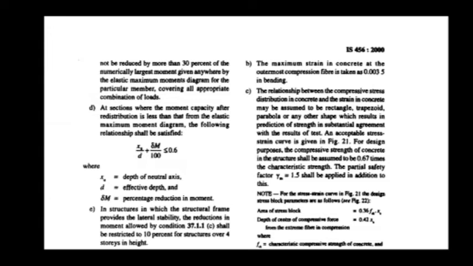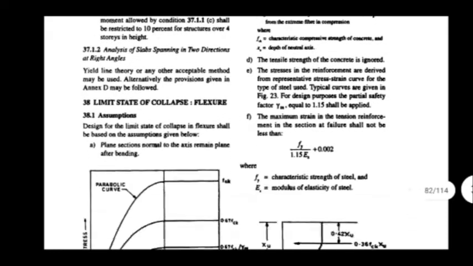So let's go to figure number 21. It is written that with the characteristic strength we have to apply 0.67, and after that we have to apply the partial safety factor, that is 1.5.